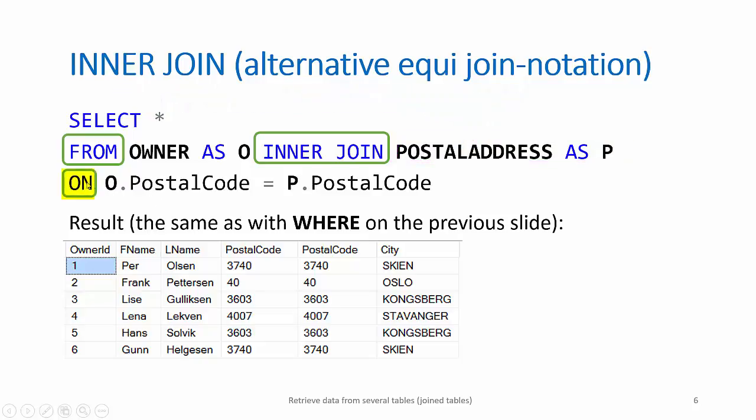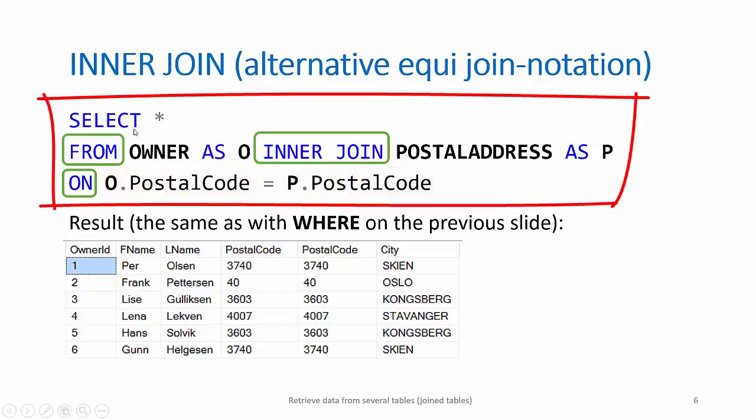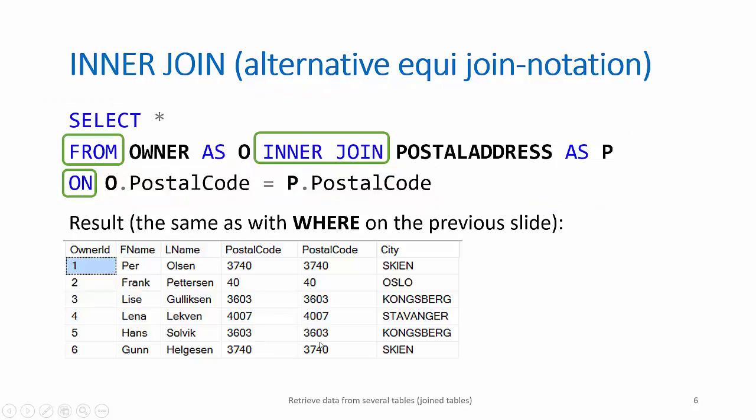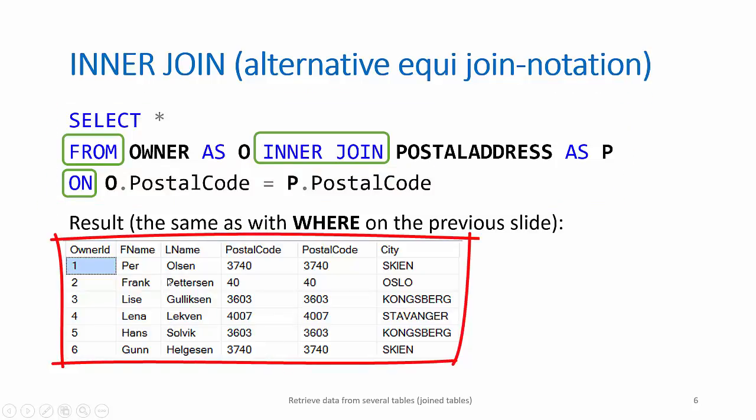So instead of where we use on, and then we tell which columns we want to join. So from the first table, inner join the second table, and on, and then the equal condition is specified. So this one will do exactly the same as the other, and we see here that we will have the same result. So you should try this too.